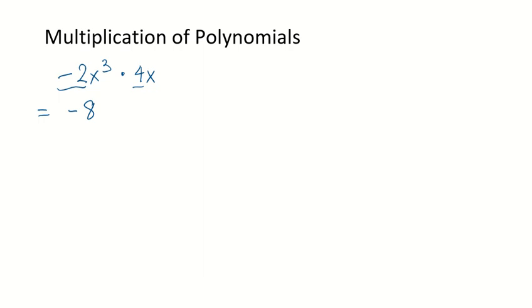Then I'm going to multiply the x terms together. x cubed times x, how many x's are multiplying together? 4 x's multiplying together, right? We have 3 x's over here times another x, so that's x to the 4th. So basically, you're adding the two exponents here. 3 plus 1 equals 4. So negative 8x to the 4th.